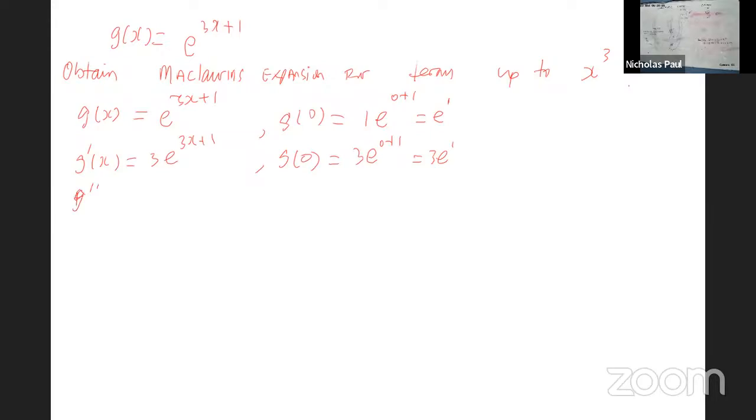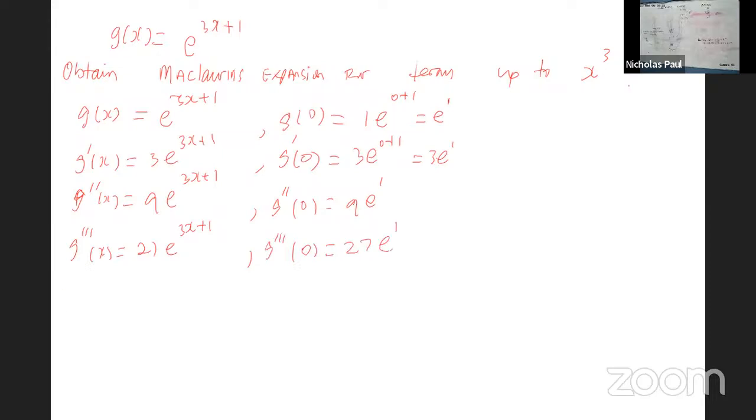Second prime, that'll be 9 e to the 3x plus 1. Plug in 0, that'll be 9 e to the 1. Triple prime is what? 3 by 9, that's 27 e to the 3x plus 1. Then triple prime 0, that will be 27 e to the 1.